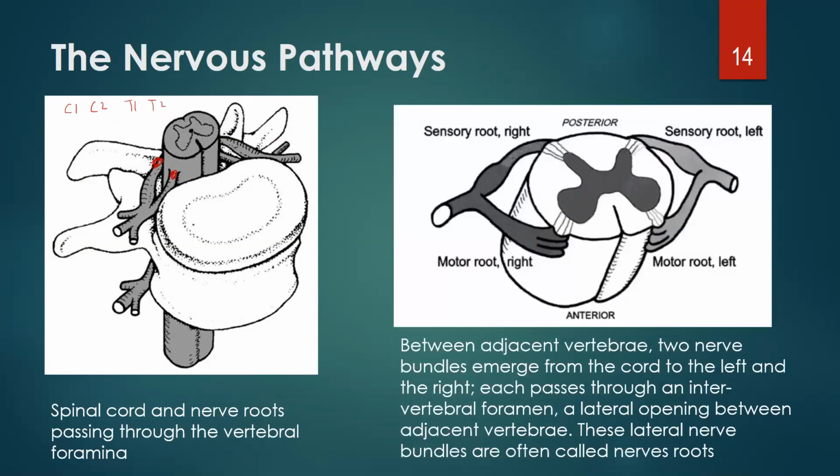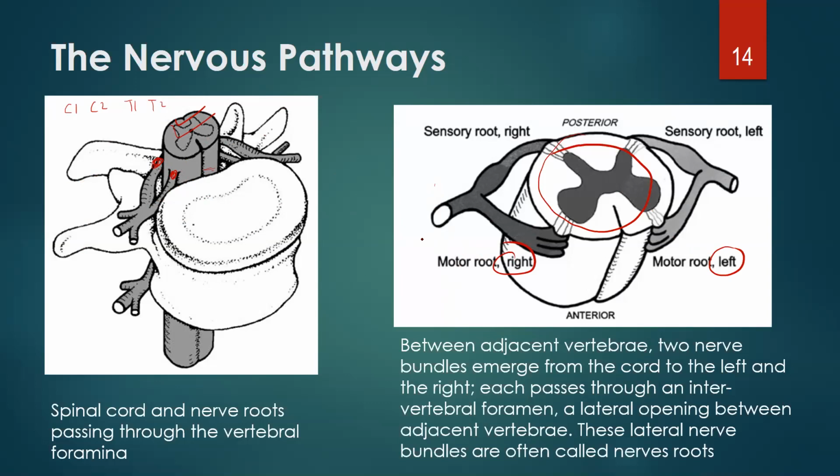So you can see here that this is again your spinal cord. Two nerve bundles emerge from the cord to the left and the right, this one on the right and this one on the left. Each passes through an intervertebral foramen, this opening through which the spinal cord and the resulting nerve roots are passing.